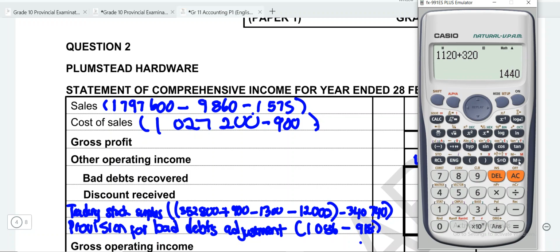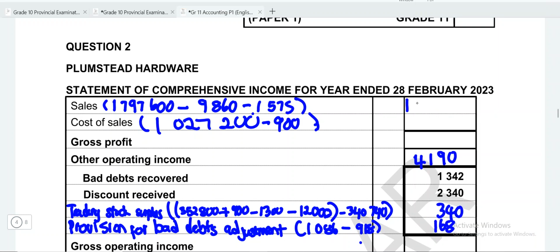Okay, so we'll put the calculator here. So 1,797,600, we subtract 9,860, and then we subtract 1,575. It is giving us 1,786,165.